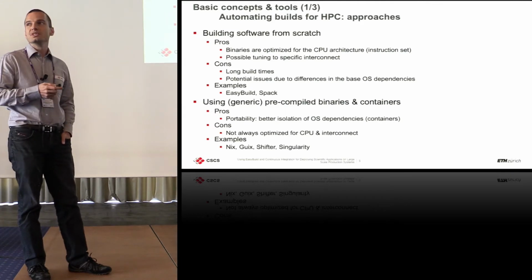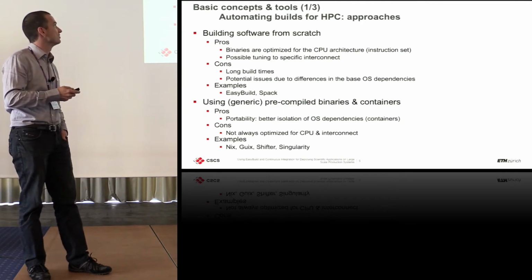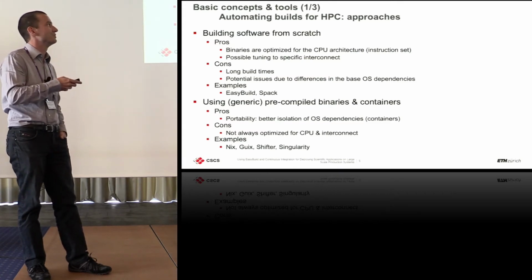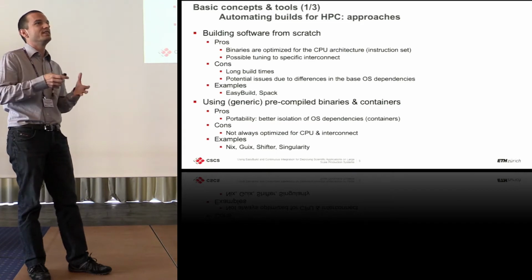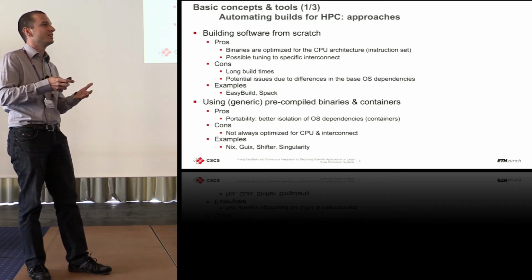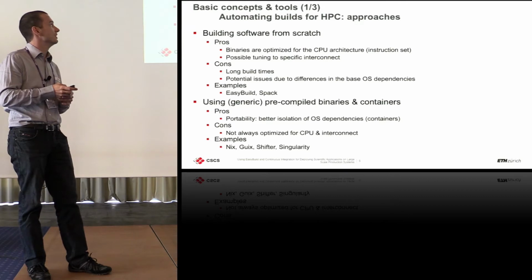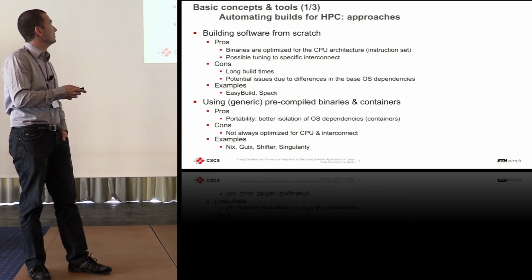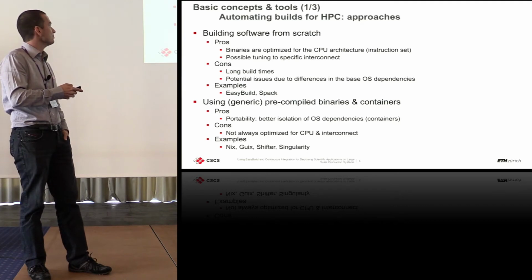So we have people at CSCS working with this kind of solution. We, as application support team, think that this is the solution for the future, but the reality right now is that our systems are not yet ready to run this kind of solution for all the users, so we still prefer to build software from scratch.